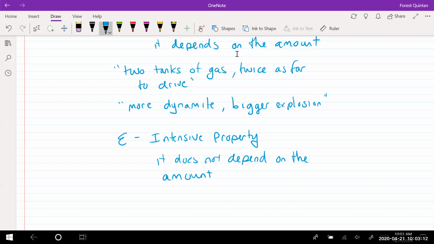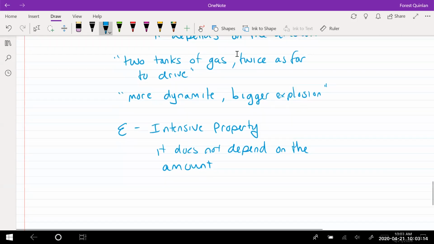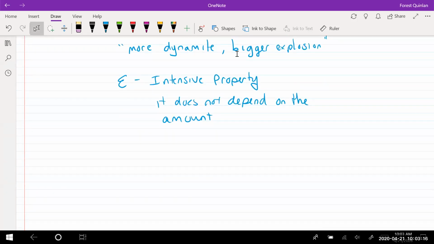When we say it doesn't depend on the amount, we can think of voltages, right? A AAA battery is 1.5 volts. A D cell battery is still 1.5 volts.